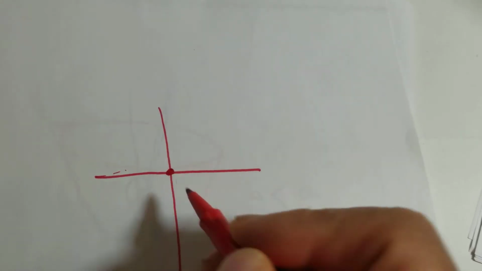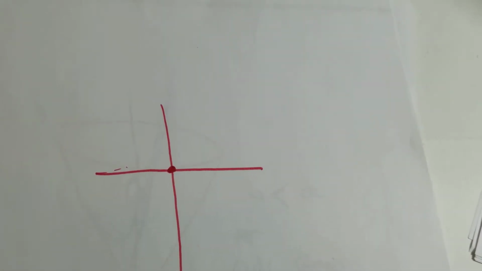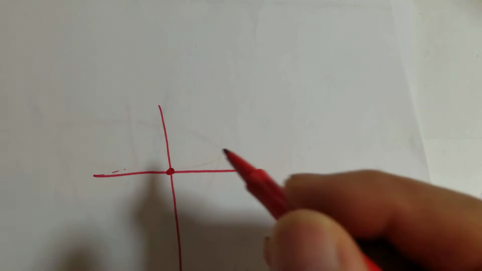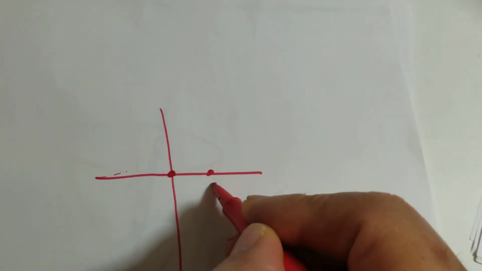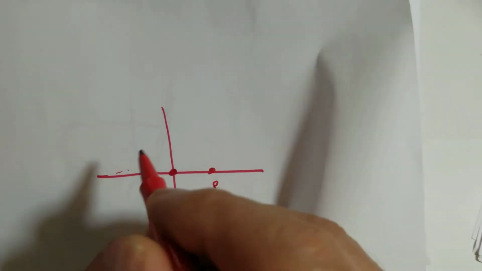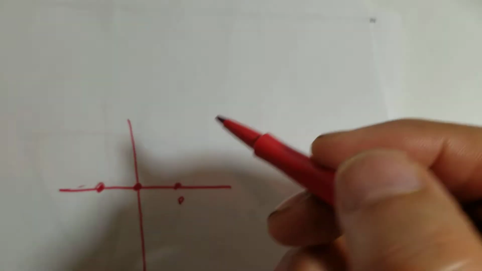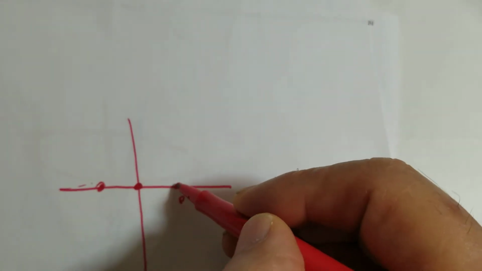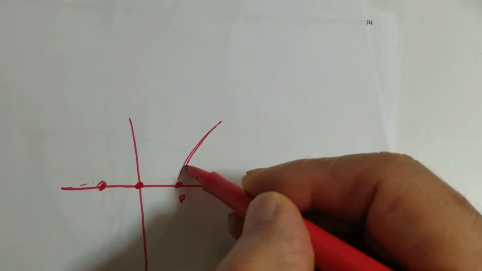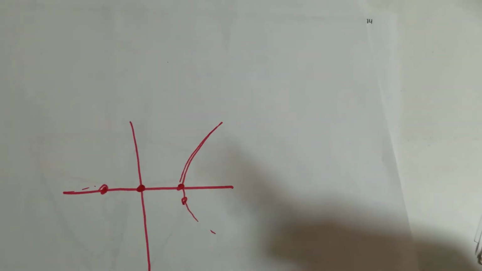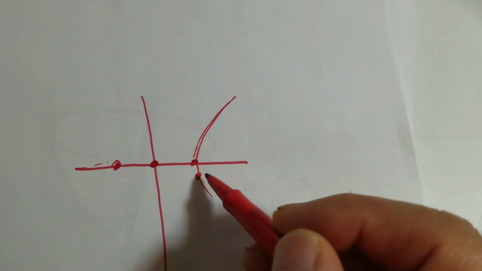Okay, in order to make my life easy, I'm going to say this is the middle of the two vertices. One vertex is here, another vertex is here. Therefore, I'm going to have two branches of the graph.